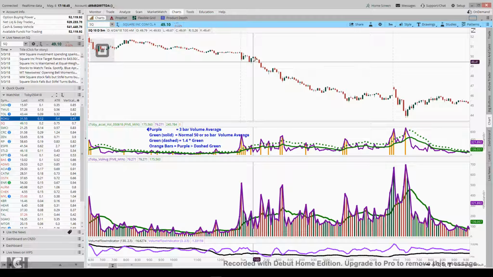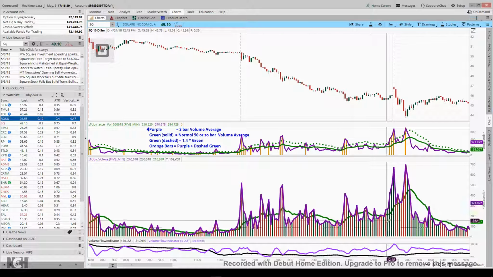So one would think that if you had several green bars, like in this case at the end of the day, that would guarantee that the next day the price would go up. I'm not going to prove this to you, but it's easy to prove. Just go back and look at 20 days' worth of data on two different stocks, and you'll see that there's no correlation to the color of these bars.